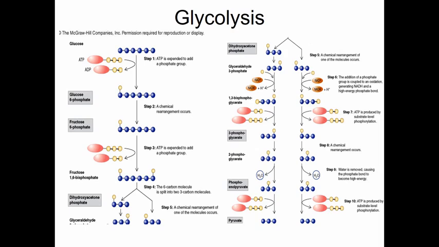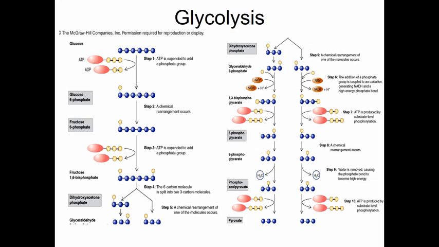Our products. Let's look at what we're making here. We're generating reducing power. Remember that reducing power is in the form of NADH. What you can see here is that the blue are going to be the carbon atoms. The yellow are actually the phosphates. So in breaking down the 2 ATP, you're actually putting 2 phosphates onto this molecule.